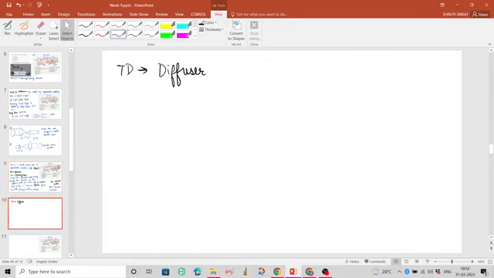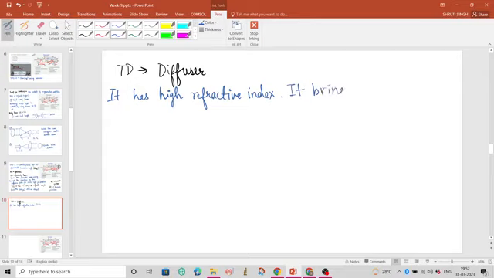So here the diffuser has high refractive index. So it brings chirp in the pulse, in the white light which is generated after the sapphire. So here we are adding chirp.